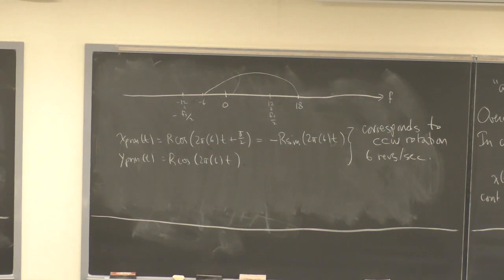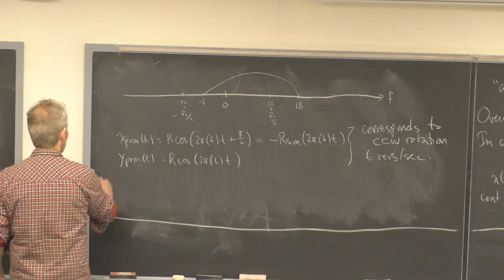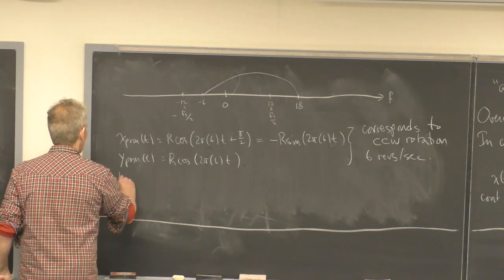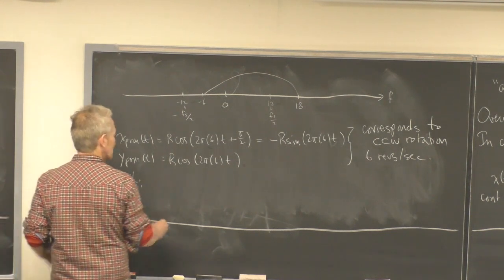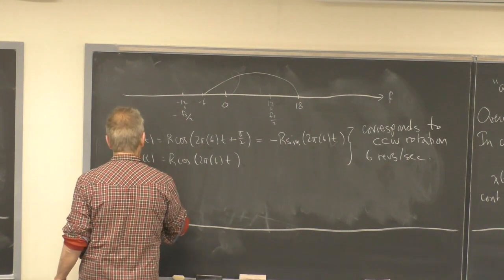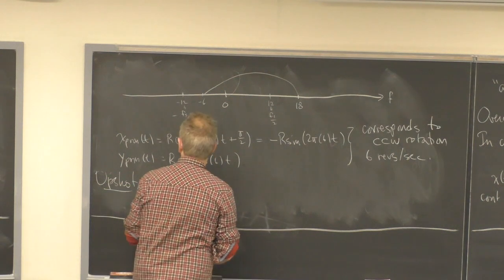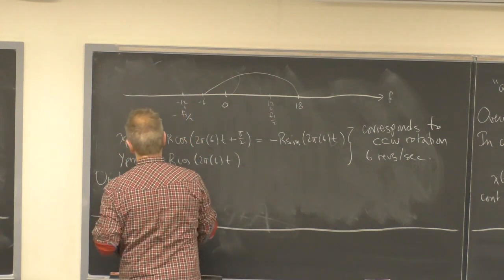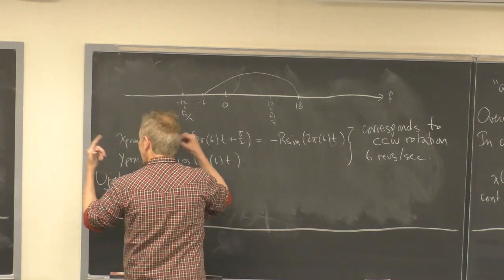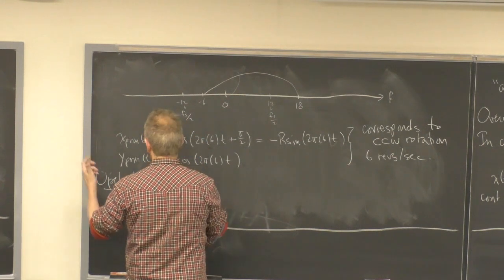Okay, so in a sense, the upshot of this is that because this is what we think we're seeing, this is the way our brain puts it all back together.